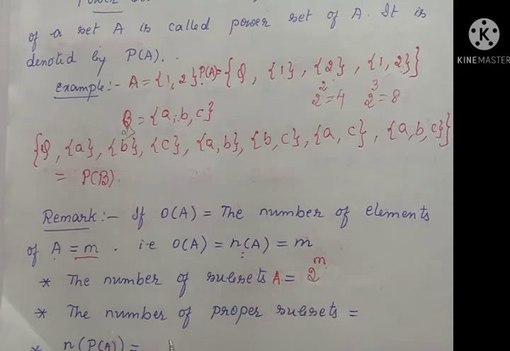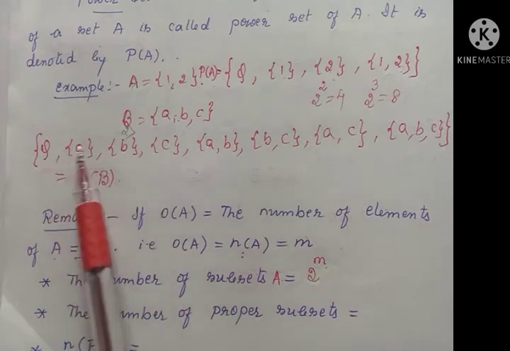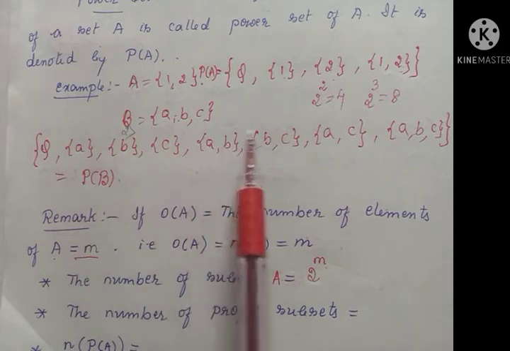Then what is the number of proper subsets? All of you know that a proper subset is nothing but a subset which is not equal to the other set; there exists at least one element which is not in the first set, isn't it? So here 1, 2, 3, 4, 5, 6, 7.